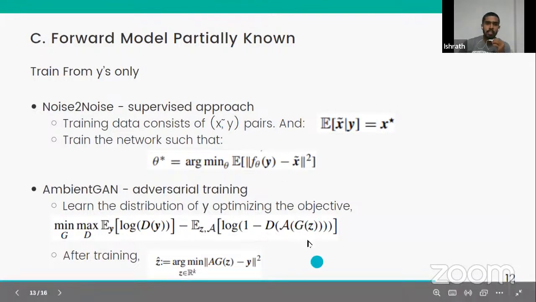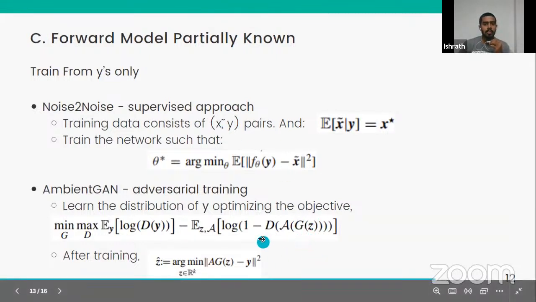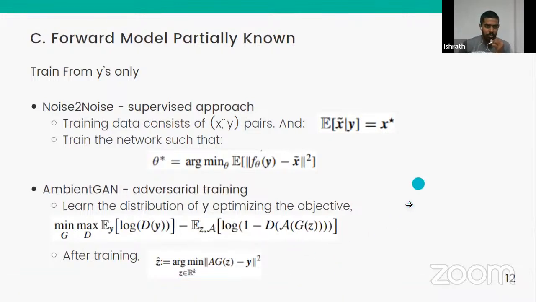So after training these generator and discriminator models, we have a generator model trained to capture the distribution of ground truth images.